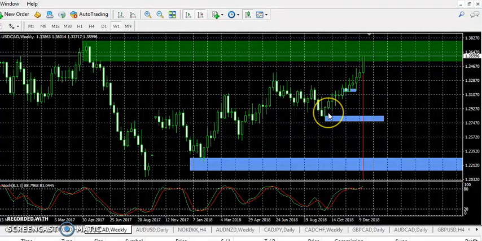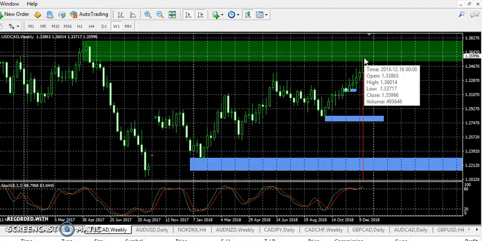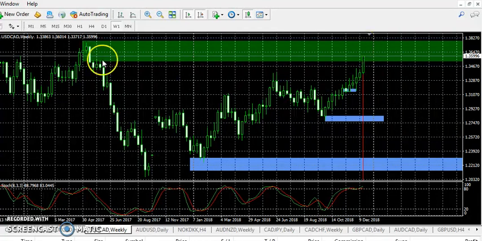Although USD CAD is at all-time highs, price is really overextended at this time, as well as it is pushing against this larger time frame supply area here. So we definitely have to keep that as a reminder.